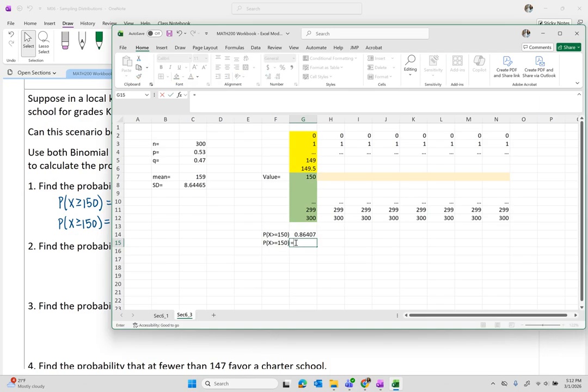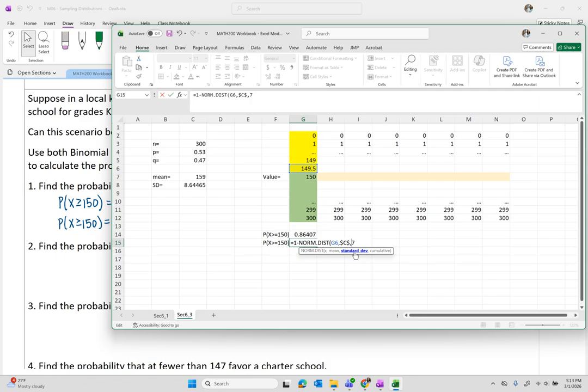So if I do equals 1 minus and then use the normal distribution, the normal distribution says, what do you want the value of x to be? And I want for the CDF to be 149.5. What do you want the mean to be? The mean will be the mean of the binomial distribution. And again, I want to keep it steady, always be at C7.